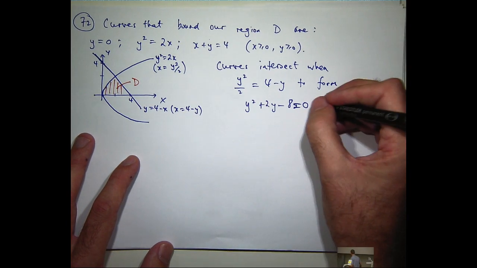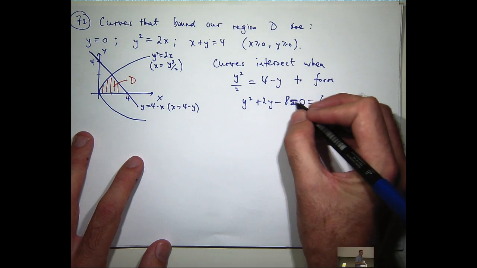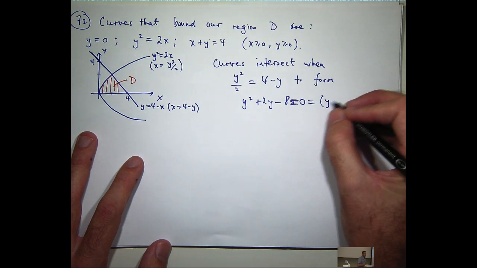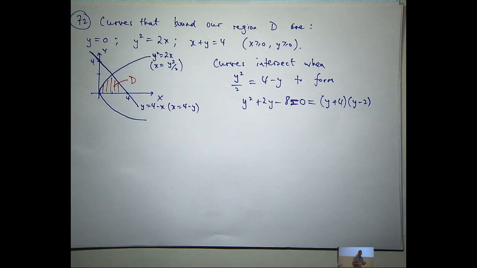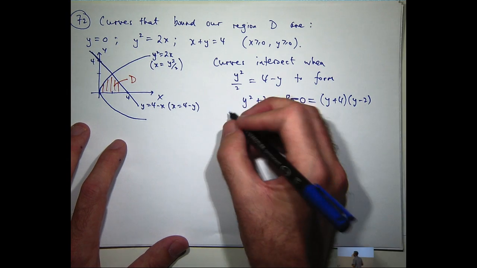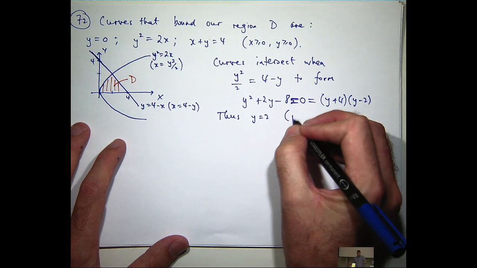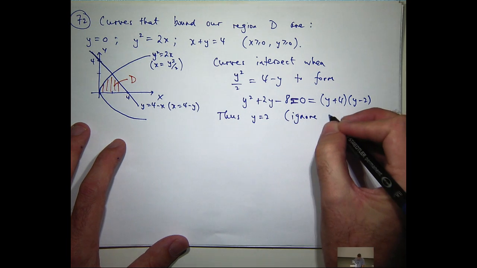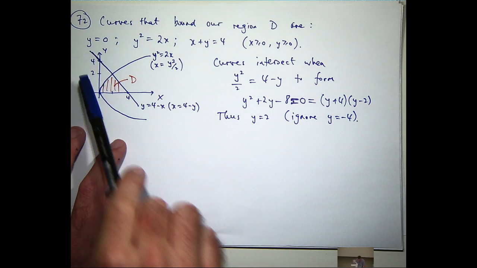Now I can factorise this. What am I going to get? Y plus 4 and y minus 2. So the line crosses the parabola twice, but we're only interested in the positive value for y here. So we can ignore the case y equals minus 2. So that is going to be 2 there.